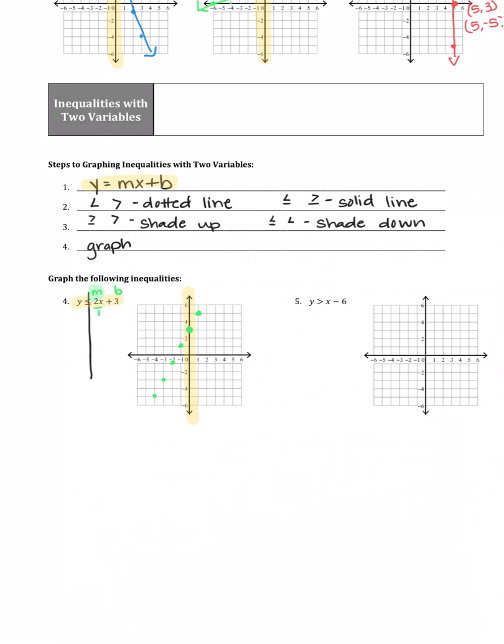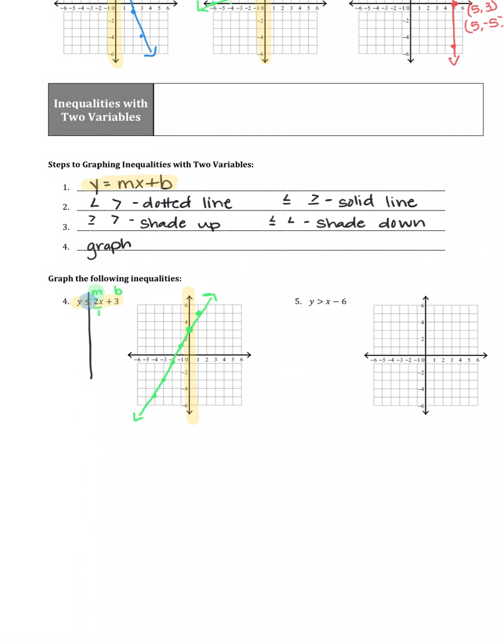So when we go back to the notes, remember if you have the greater than or equal to, or less than or equal to, it's going to be a solid line. So I'm going to make this a solid line. Now I'm going to read this symbol right here. Because it is not eating, remember when we talked about the alligator mouth eating?